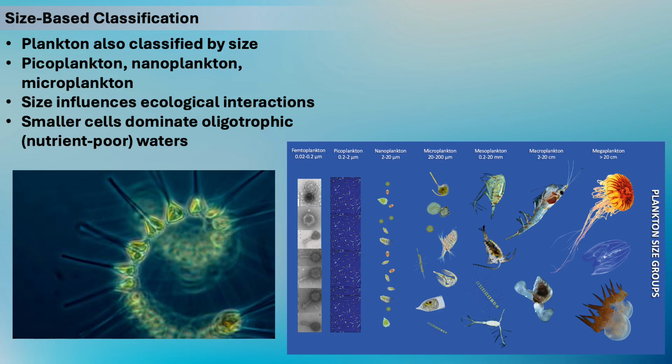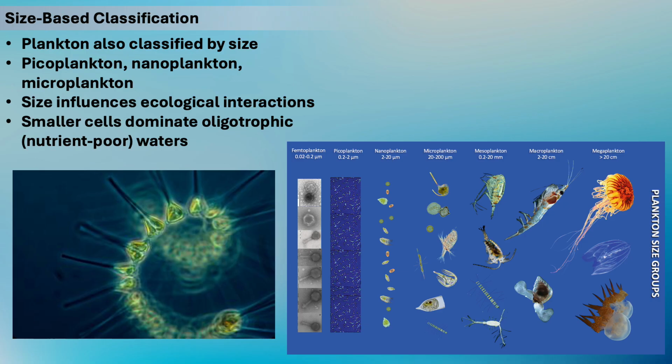Small plankton cells have a very high surface area to volume ratio, which allows them to absorb dissolved nutrients efficiently from the surrounding water. This characteristic gives them an advantage in nutrient-poor regions of the ocean, where nutrients are scarce and competition for resources is intense.